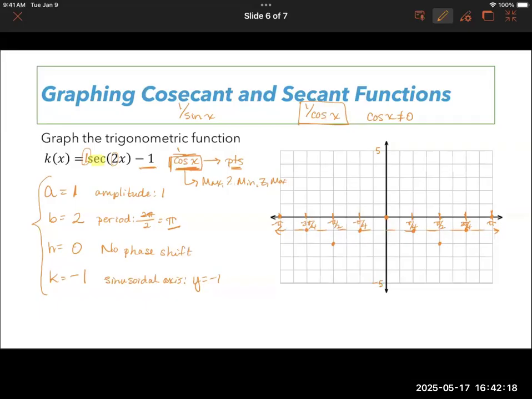So if I go to my graph here, every time I had a point on the sinusoidal axis, for secant, I need to put a vertical asymptote at that x value.